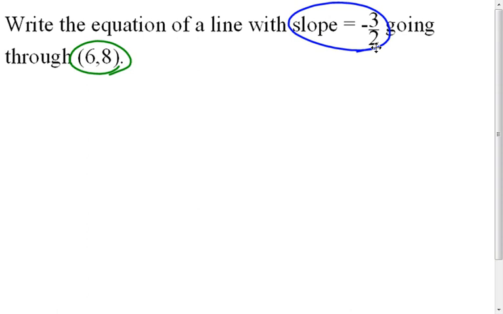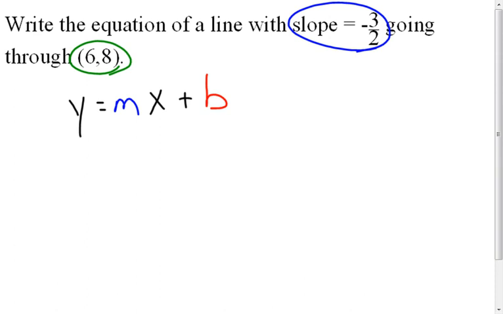The first one I'm going to look at is slope-intercept, being that's probably the most common one. I'm going to start off just by writing our equation: y equals mx plus b, with slope m and y-intercept b.